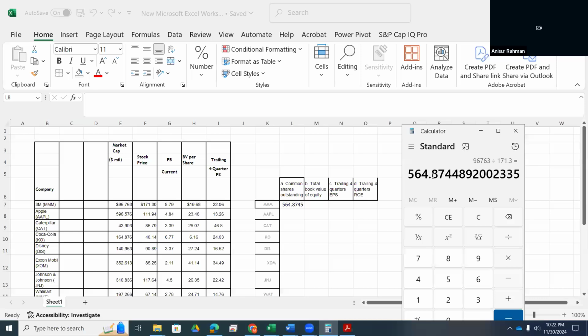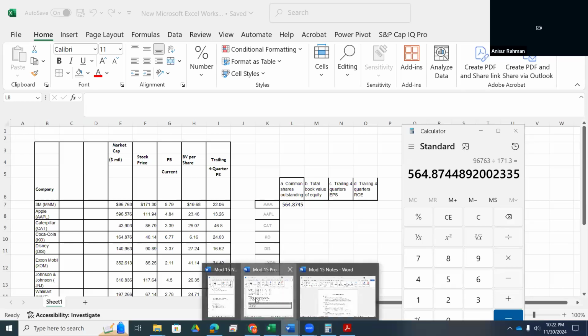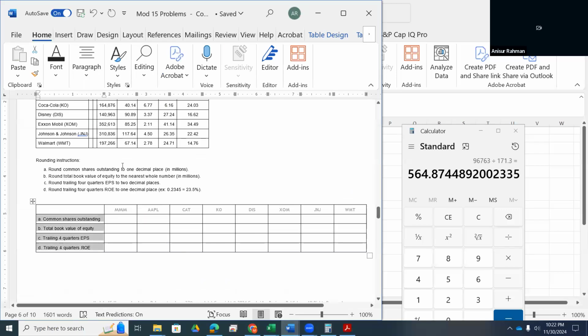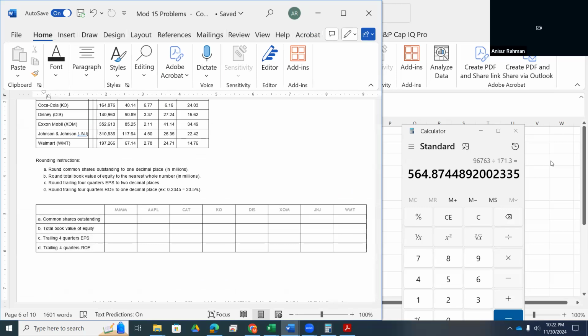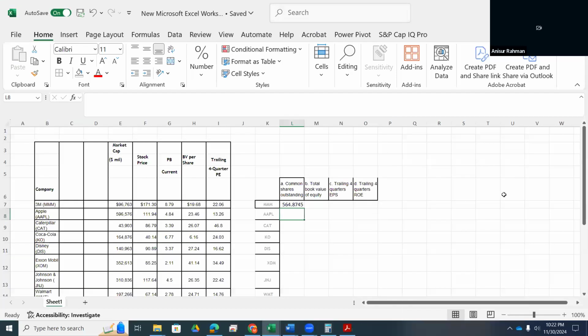So 564.87. So the question is telling us to calculate to 1 decimal place in millions for common shares outstanding. So 1 decimal. So it should be 564.9.